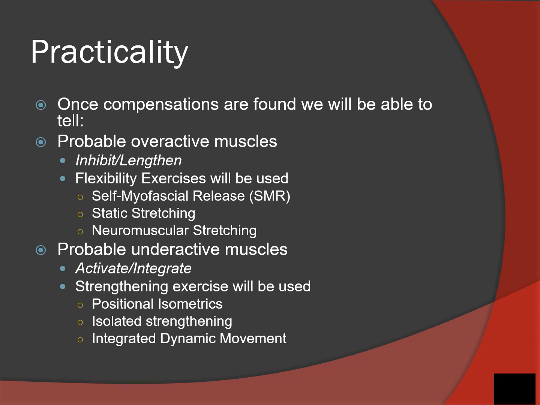And then the probable underactive muscles might be the deep external rotators and the gluteal area, to help pull out and away so that the knees don't fall into valgus. So we want to activate and integrate those. We will get more into that a little bit later.